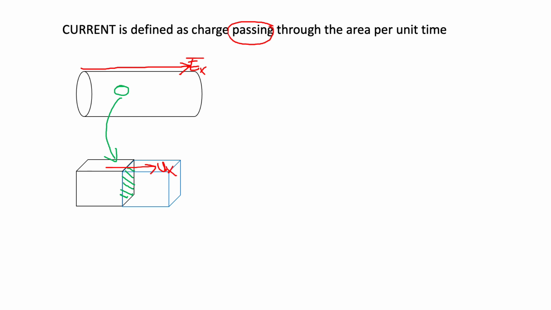From this situation, there are two parameters that we can consider here. The first one is the charge passing through our reference area.